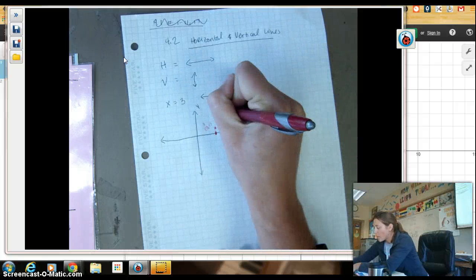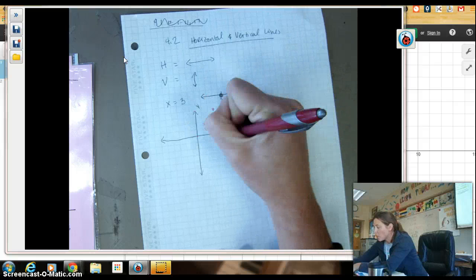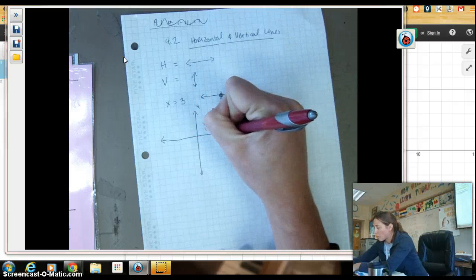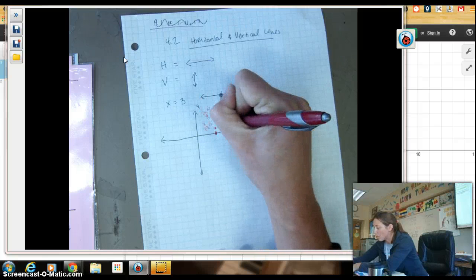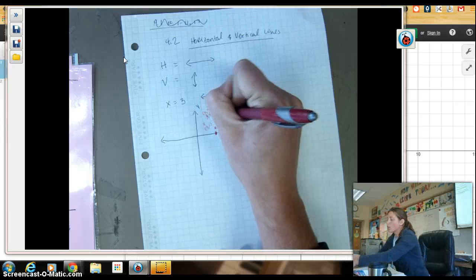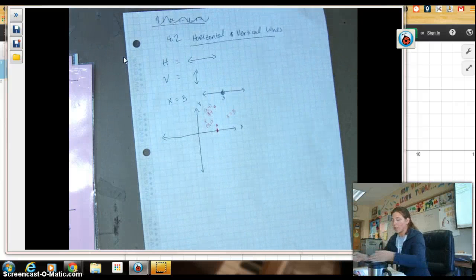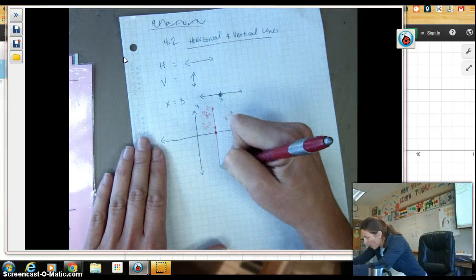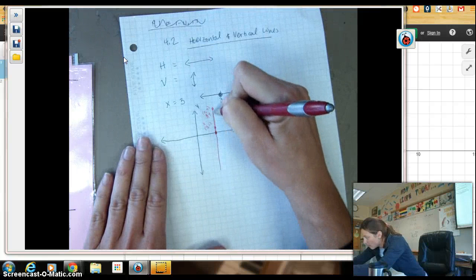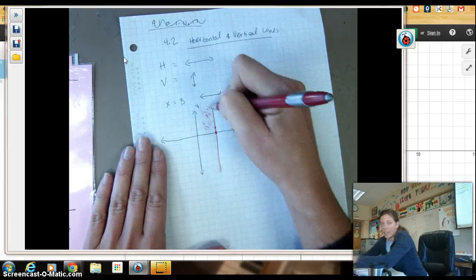We also have a point right here where x equals 3. So 3 would be our x value. So x and y: x would be 3 and then y would be 1, 2, 3, 4. So pretty much anywhere in this vertical line, we have x equaling 3.